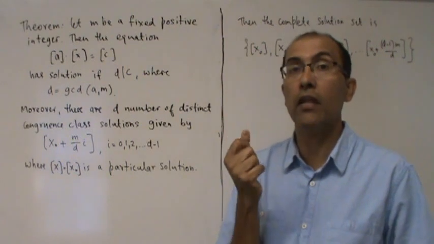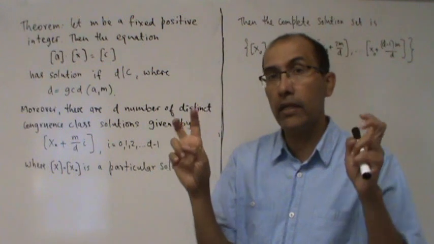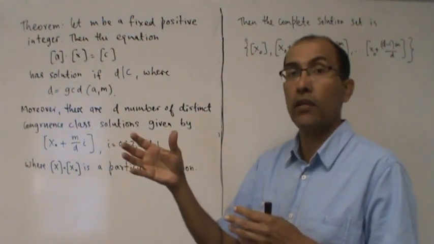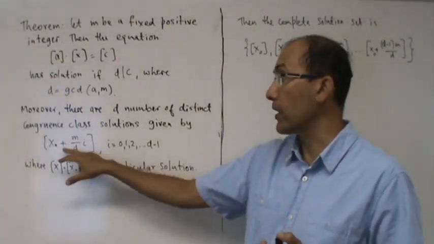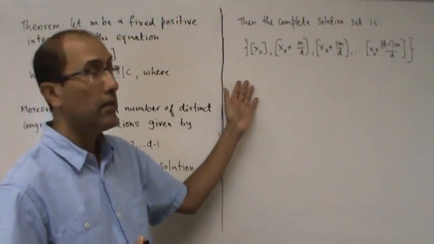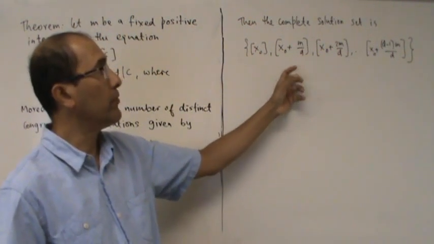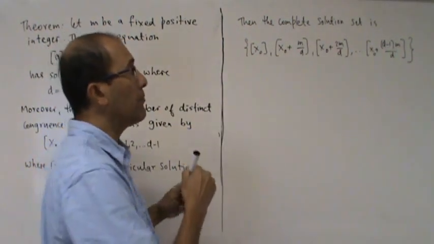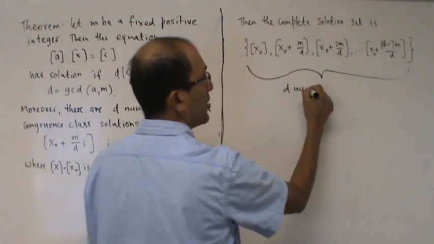If you can find one solution, then we can write all the solutions, because there will be d solutions. If you know x0, then the solutions are x0, x0 plus m over d, x0 plus 2m over d, and so on. So there are d solutions here.